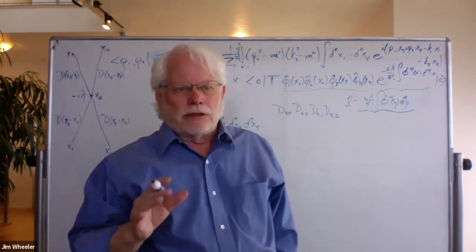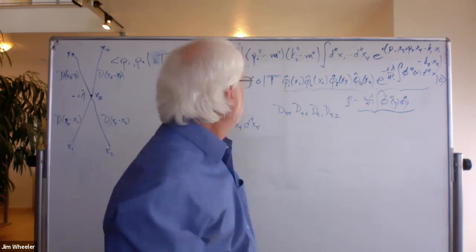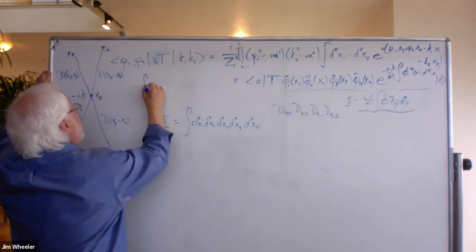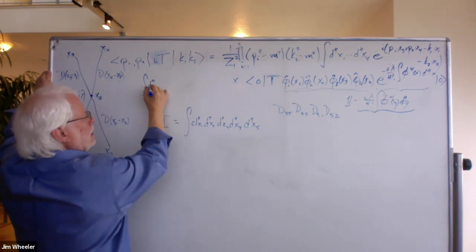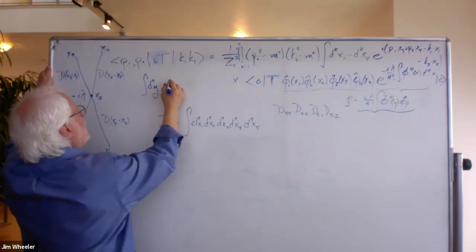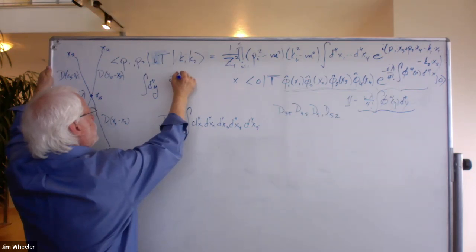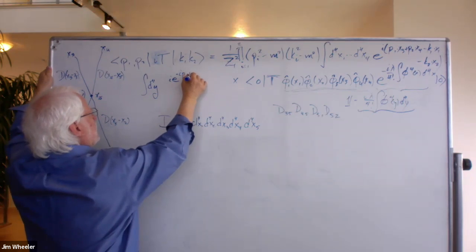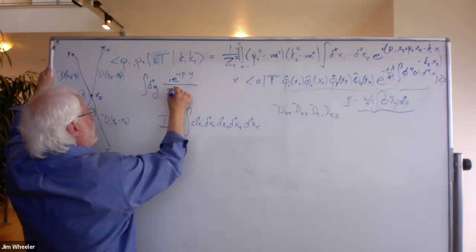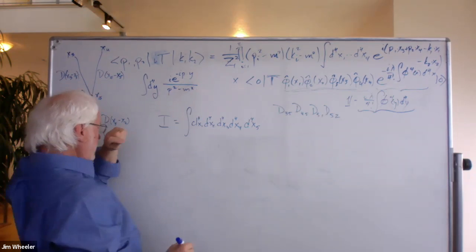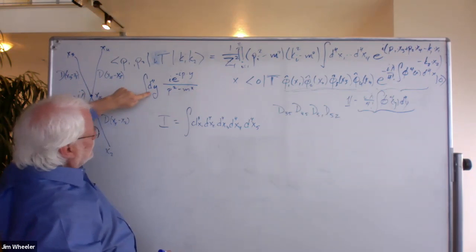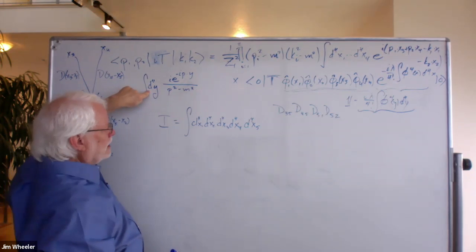Then each of the propagators has the general form integral d4, and I'll call these y, then I e to the plus or minus I, some momentum dotted into y over p squared minus m squared. So all of the propagators look like this. So each one is going to bring in 4 more integrals.